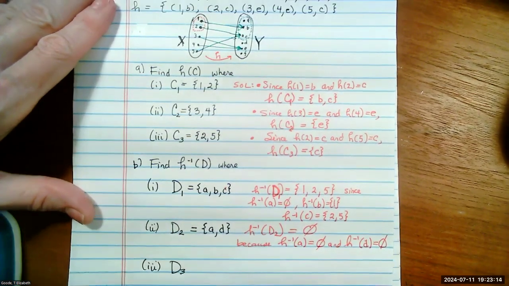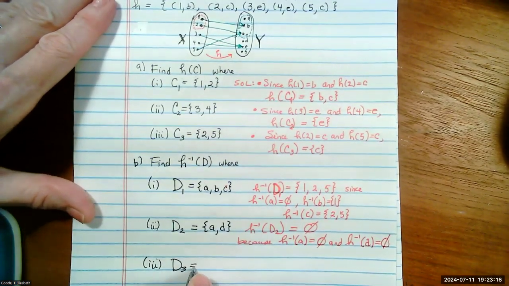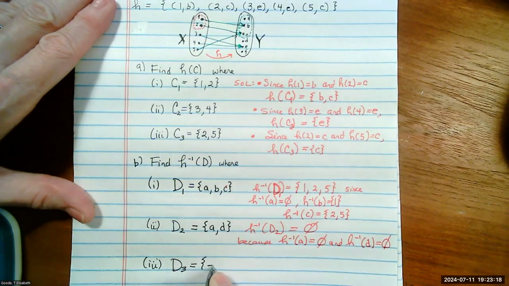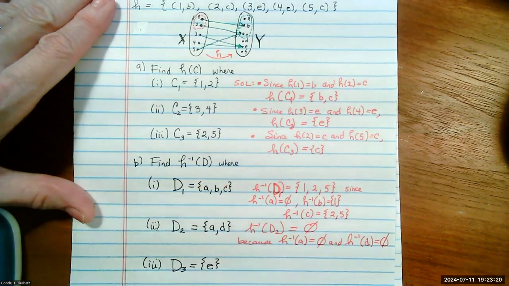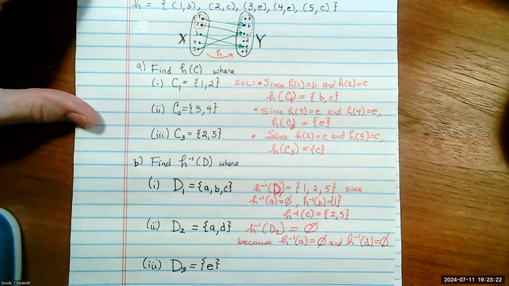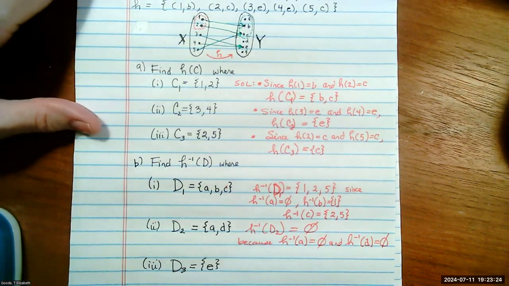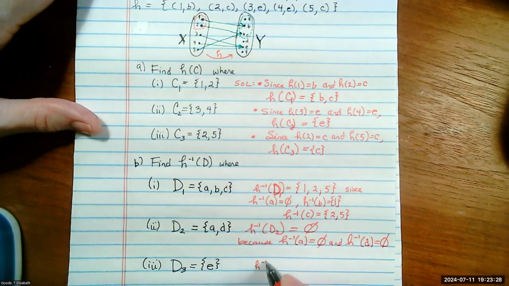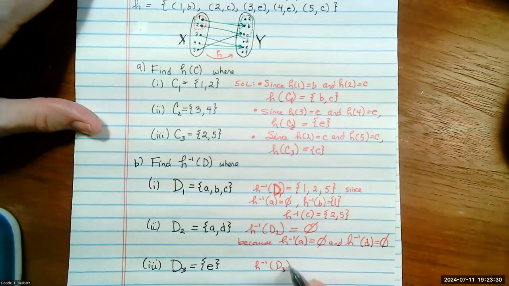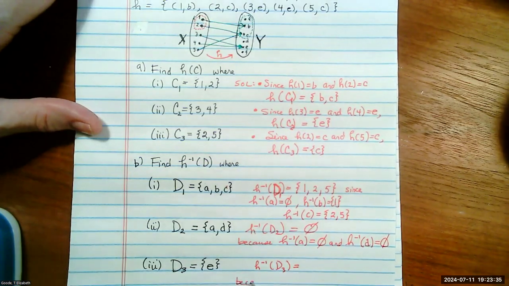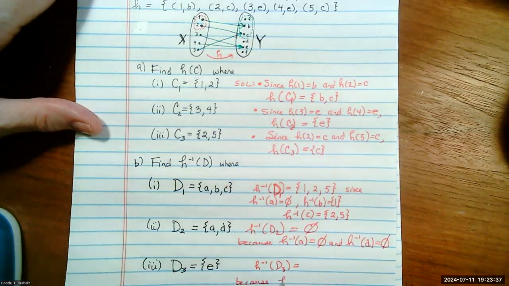D3 is going to be the set containing E. What is the inverse image of D3? Three and four.